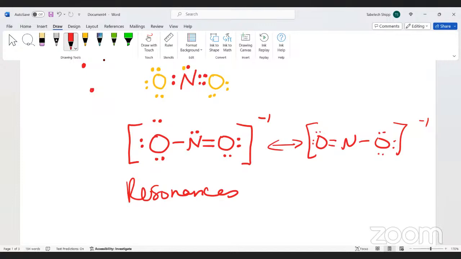The double bond was on the right-hand side, and now it is on the left side, so this shows us two resonance structures. Had I another oxygen here, then you could say three. So it's the ability to change the orientation of your double bond of oxygens. Now, that's correct, Jamie. That is correct.